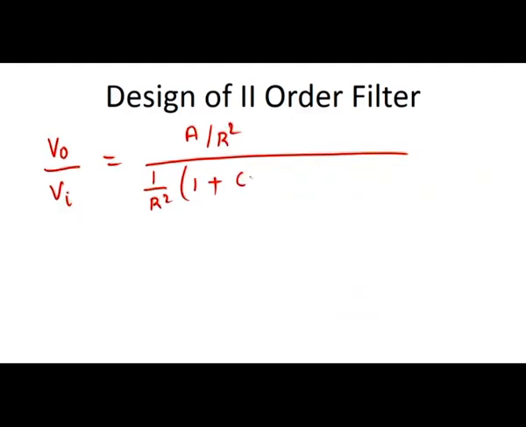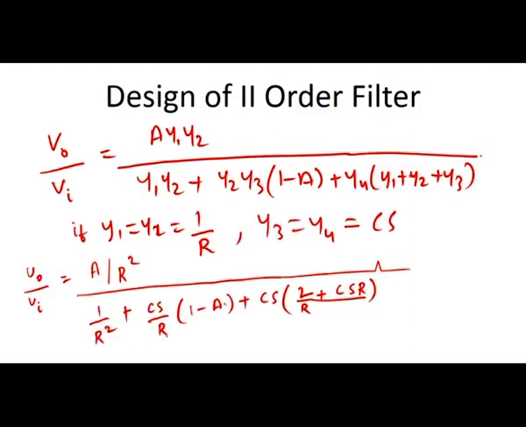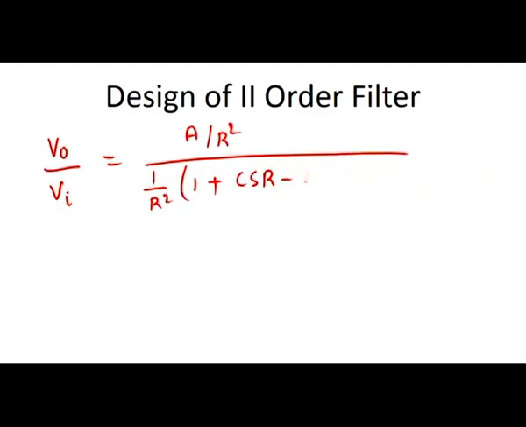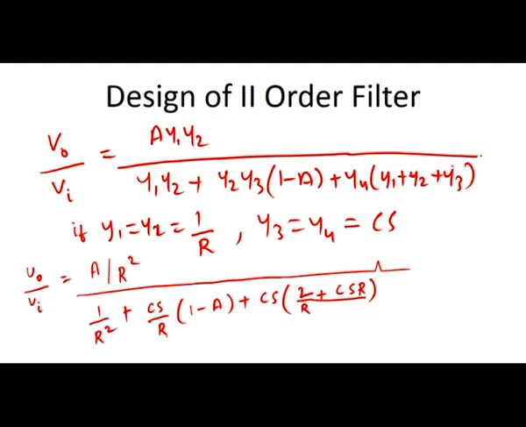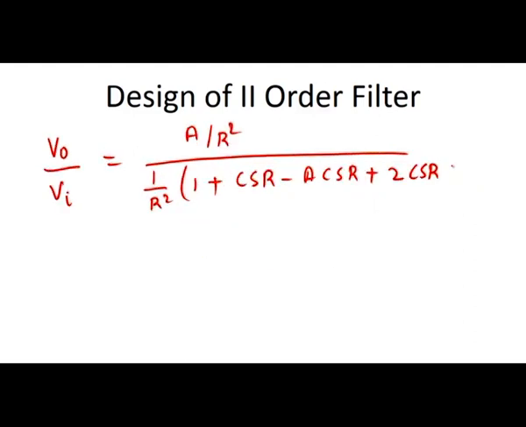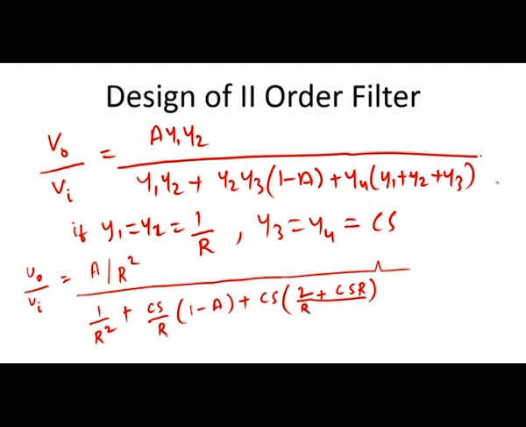So you have sCR minus A into sCR. Next plus 2 sCR, the next term is sCR already present, so if you multiply sCR, it will be C square s square R square. This is the equation we are getting.